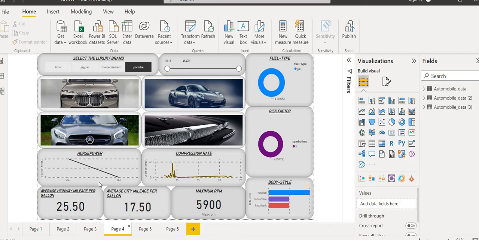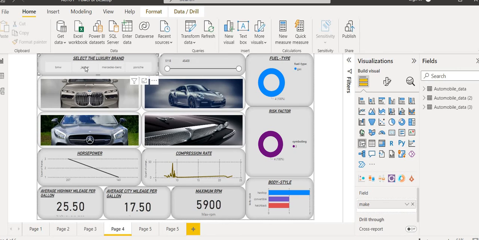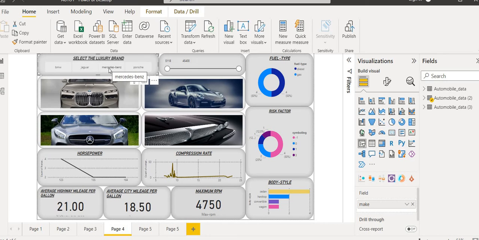You can select the required luxury brand like Jaguar in order to get the information of the Jaguar. You can also select the Mercedes brand in order to get the information of the required brand.